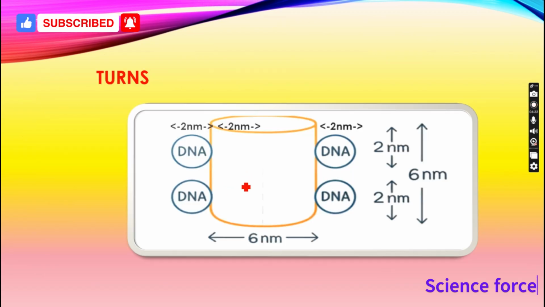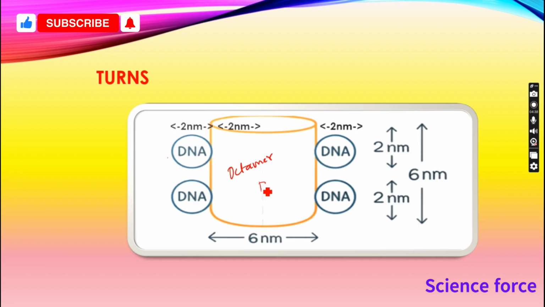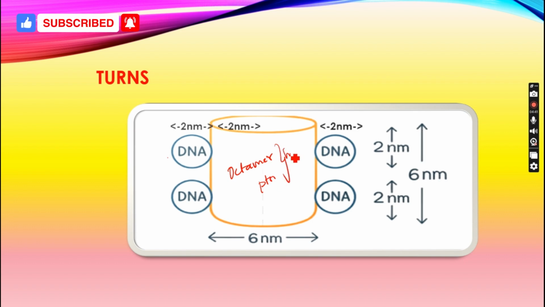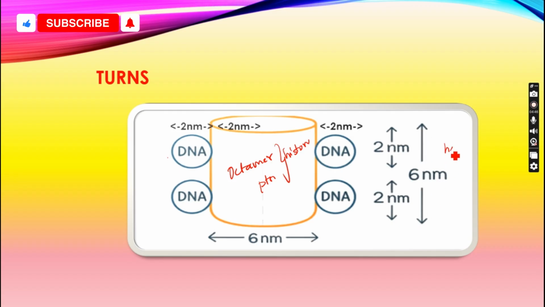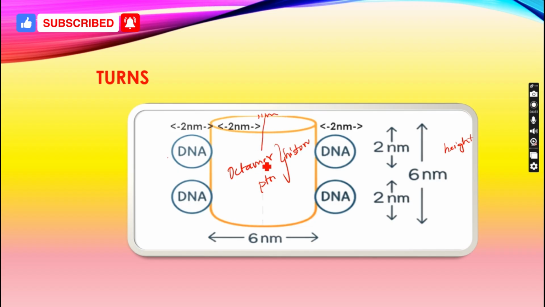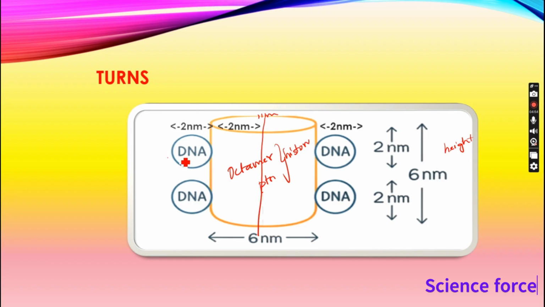Here we can see the turns. The DNA is attached with the octamer protein, which is histone. As we said, the histone is 6 nm in height and 11 nm in diameter. This is a central region. The DNA is wound around it, covering about 2 nm from the histones, made by torsional strain.